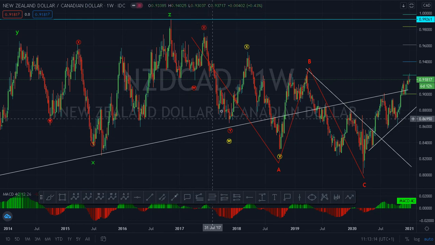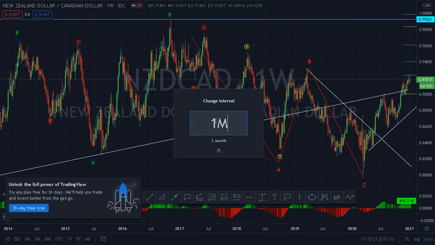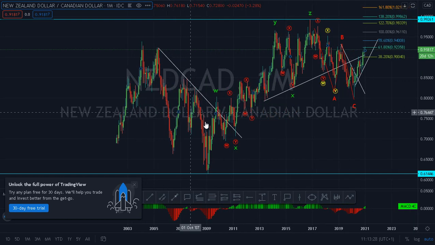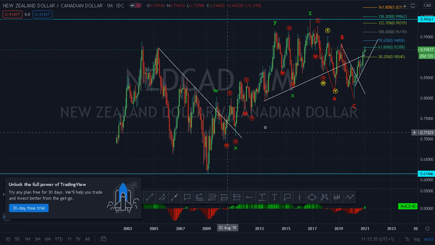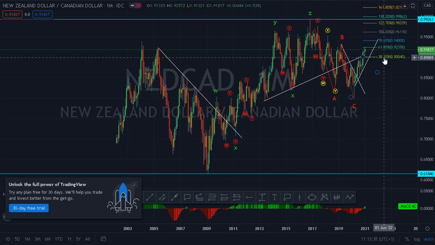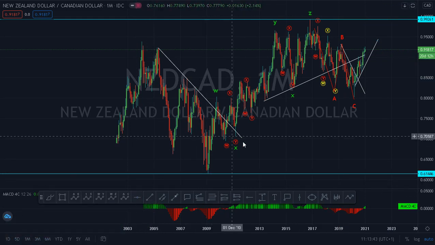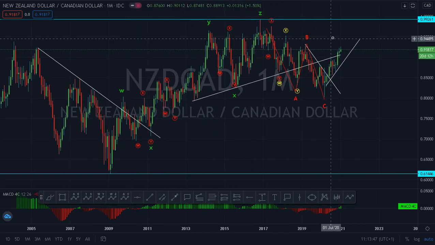So on the monthly chart, I want to let you know, all we have on the monthly chart is the pair going up, but in a slow manner.